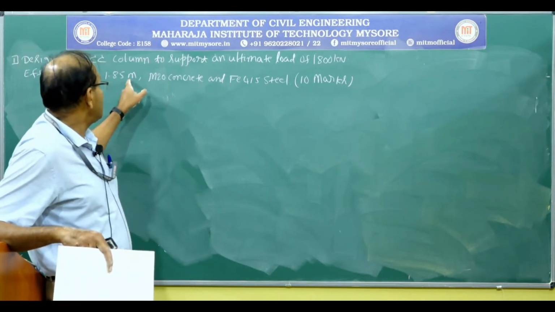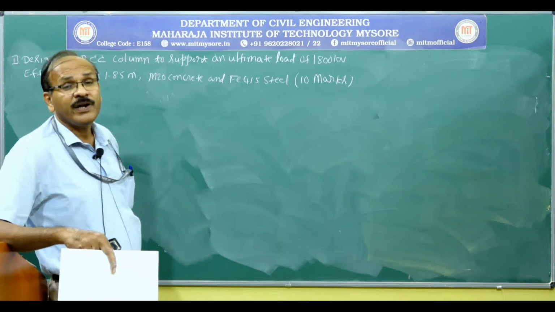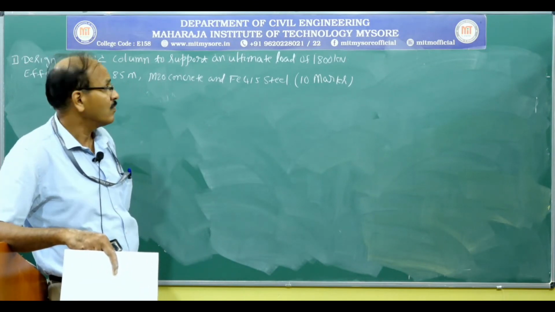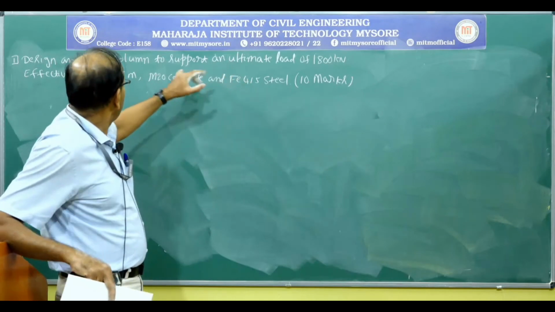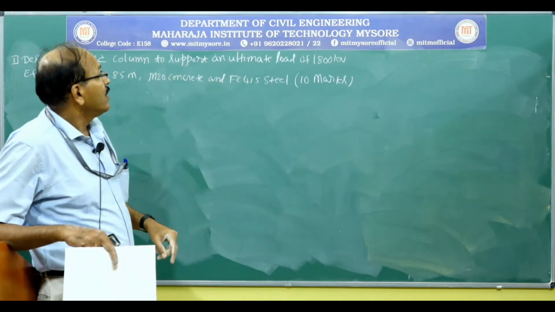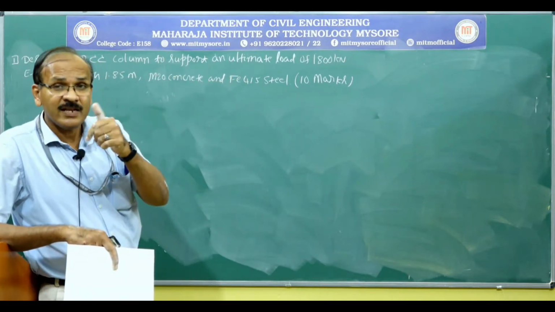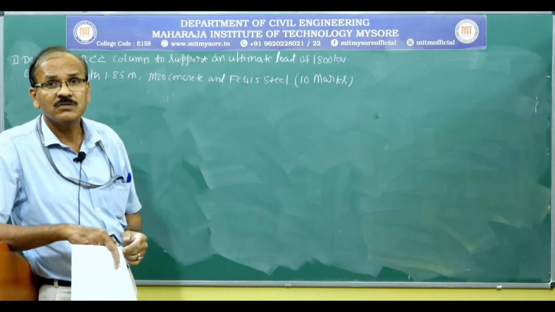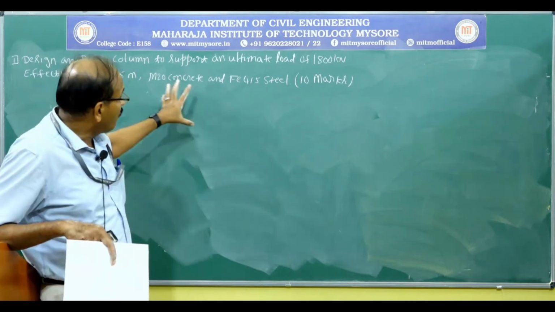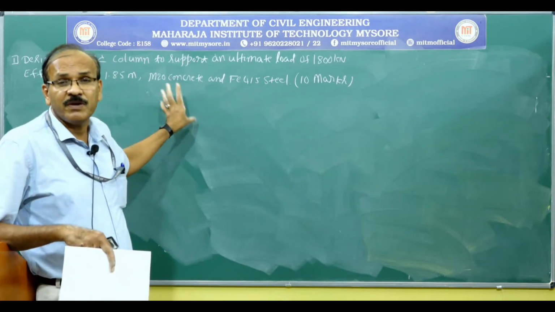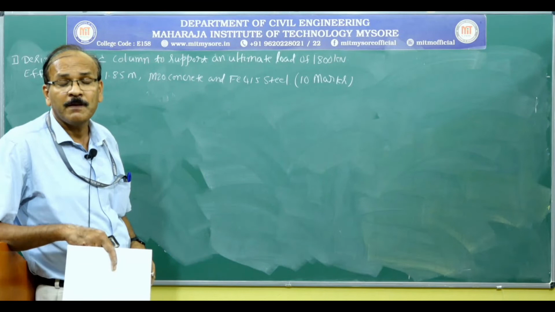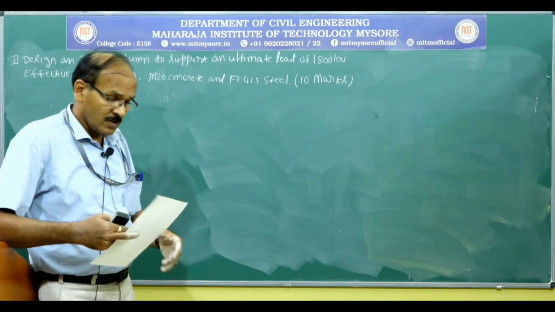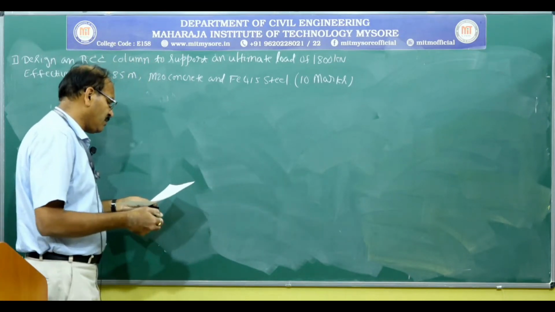So L equals 1.85 meter. Coming to this, the problem does not say it is a square column or a rectangular column. The choice is yours. You follow the same steps I did for the previous problem to solve this design. So we shall go with the next problem.